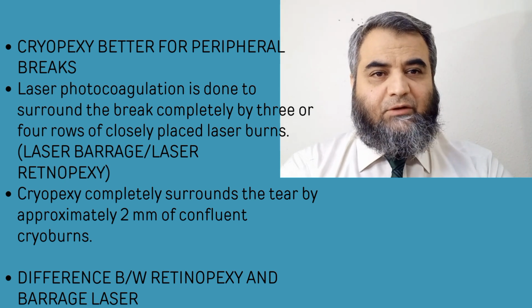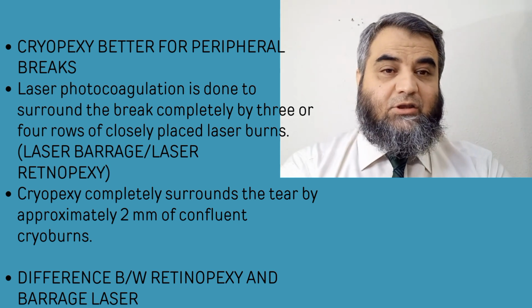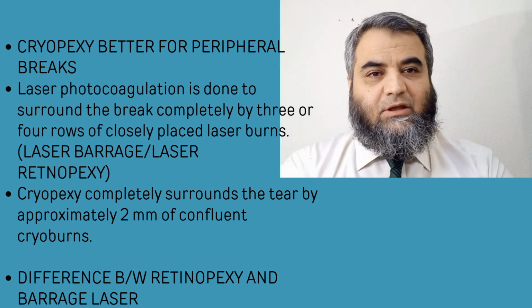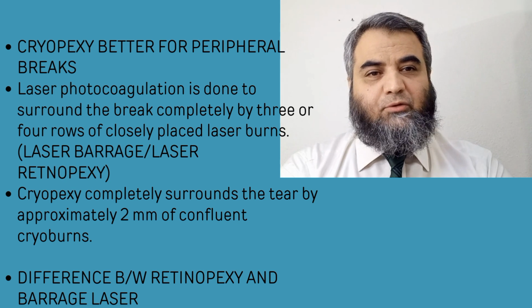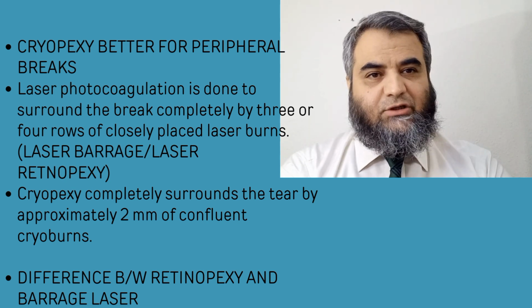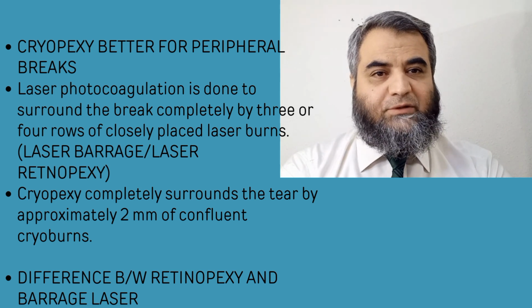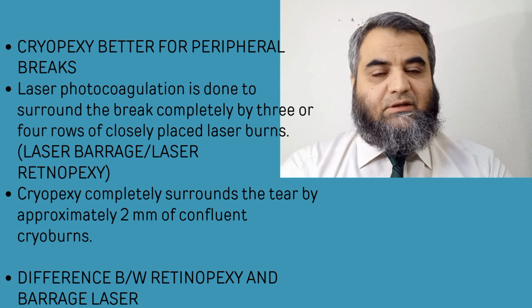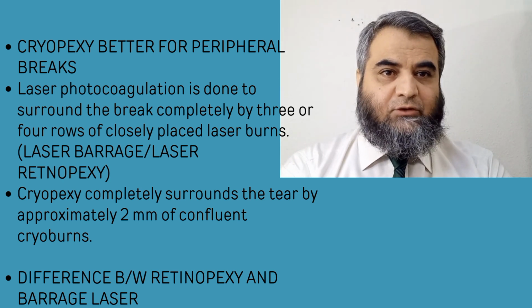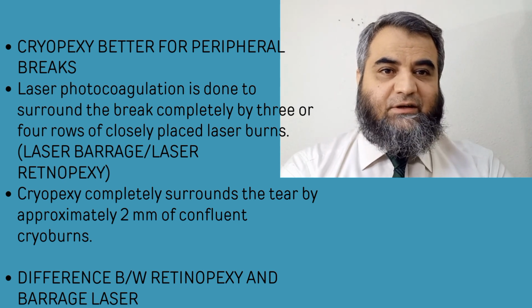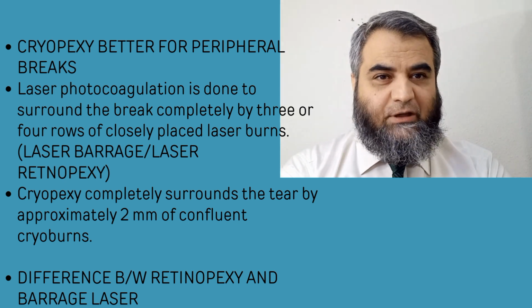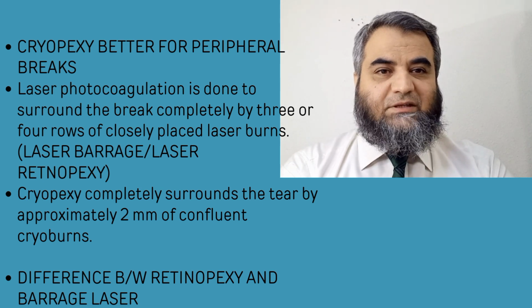But if we do not follow up these patients and these breaks are left untreated, and once the macula is involved, the prognosis and visual potential decrease substantially. So it is very important to regularly observe these patients and see all the quadrants, especially in the high risk groups, for example those patients who have already got breaks and detachments in one eye, and high myopic patients. So that is very important.